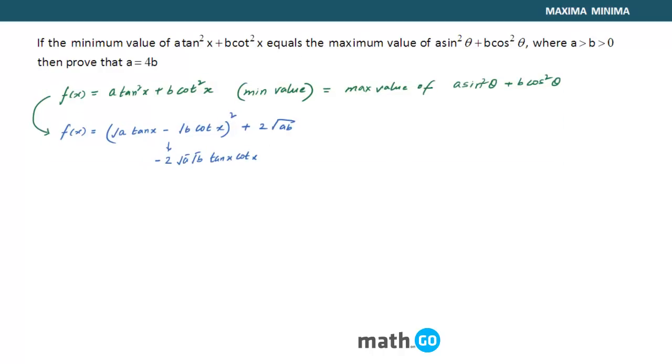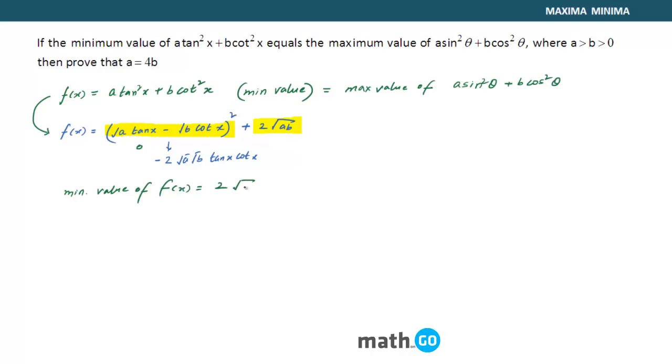So now this is your particular function, which is something square plus 2 root ab, and a and b are both positive. Can you tell me what will be the minimum value? What could be the minimum value of a square? Yes, this could be 0. So the minimum value of f(x) is nothing but, yes, 2 root ab.